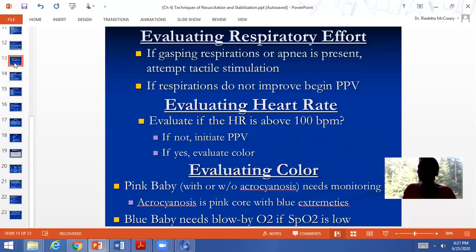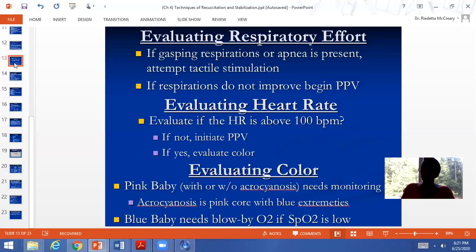We would then assess them in 30 seconds. And the assessment tool that we're going to use is to check the pulse. If we started positive pressure ventilation because their respirations were poor or absent, the way that we determine if we need to continue the positive pressure ventilation is not looking at their respiratory effort again.